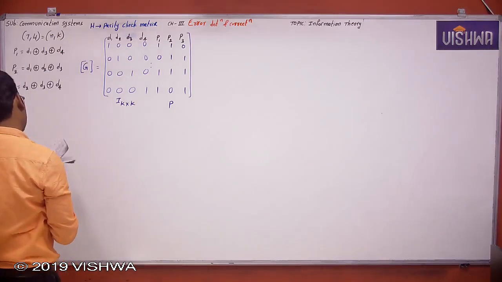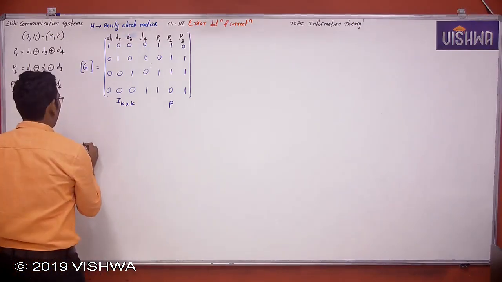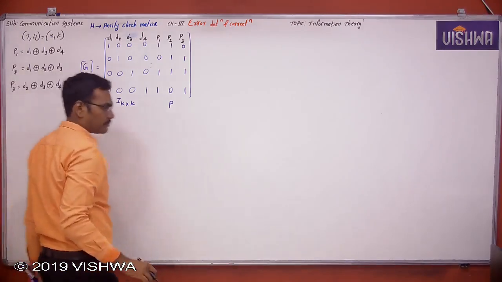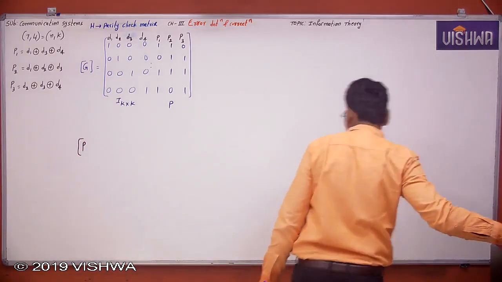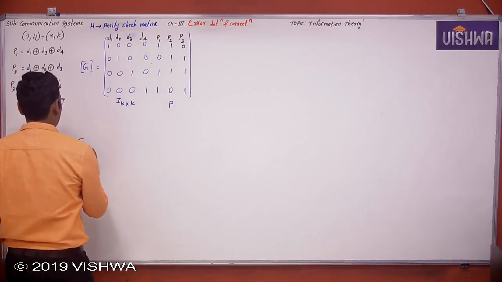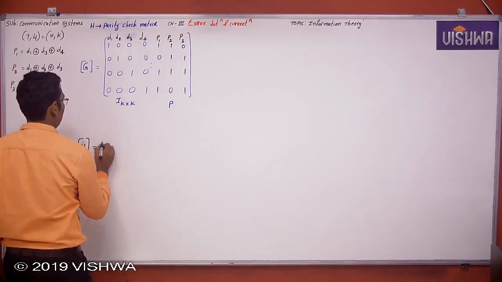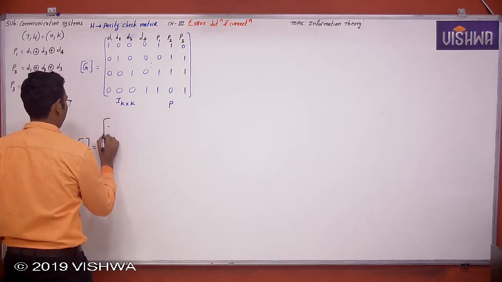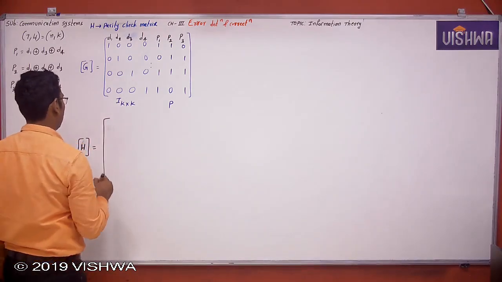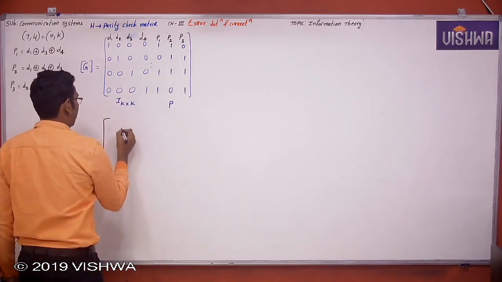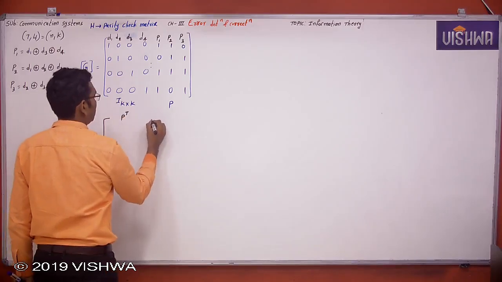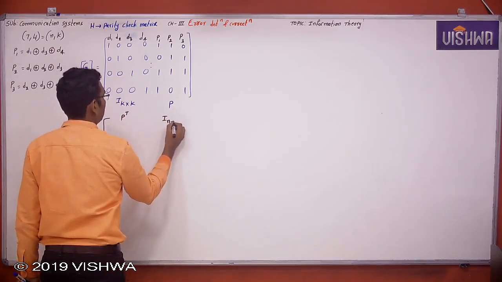Now what he is asking is the parity check matrix. What is the parity check matrix H? The parity check matrix H is nothing but the first part P transpose and the second part the identity matrix I of order n minus k.